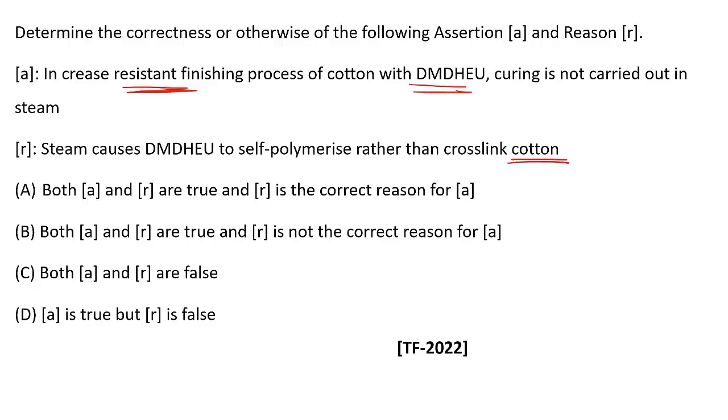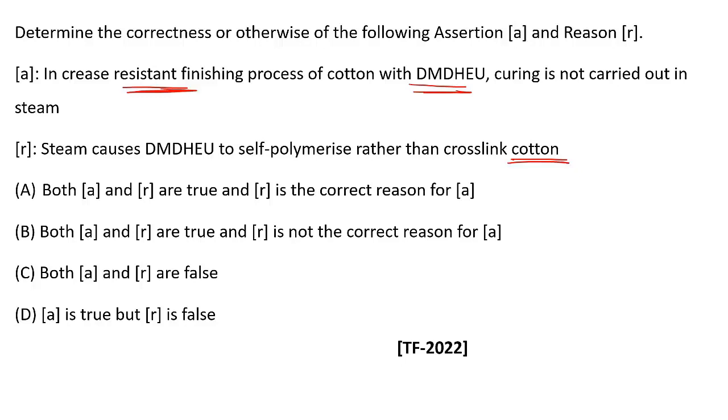This DMDHU polymerizes, and due to the cross linking with DMDHU, the crease formation is slowed down, and this type of finishing chemical is used in crease resisting finishing.